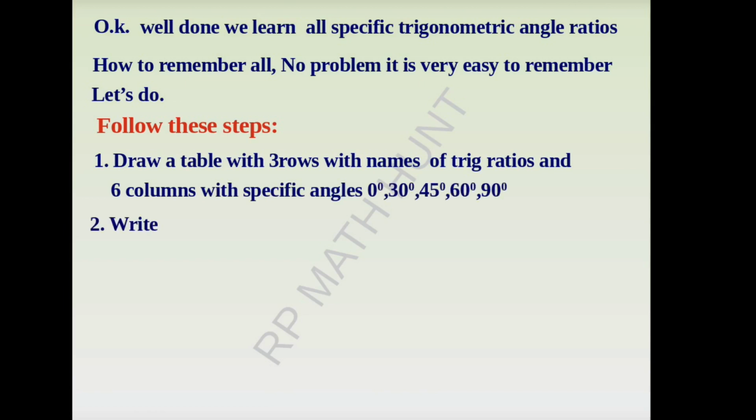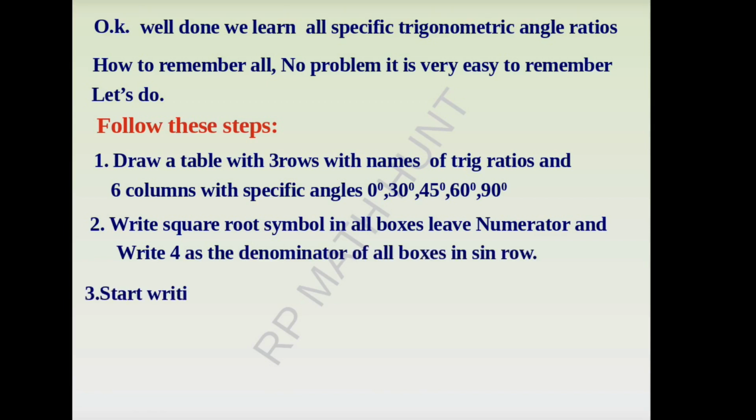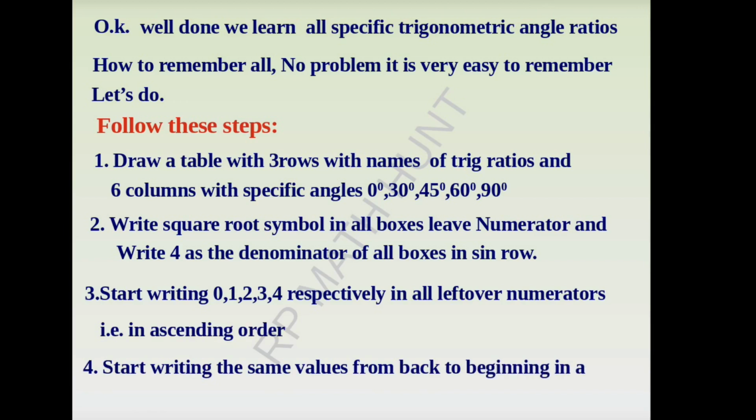Write square root symbol in all boxes leaving the numerator and write 4 as the denominator of all boxes in the sine row. Start writing 0, 1, 2, 3, 4 respectively in all leftover numerators, that is in ascending order. Start writing the same values from back to beginning in sequential order in the cos row. That's it. Your table is finished.